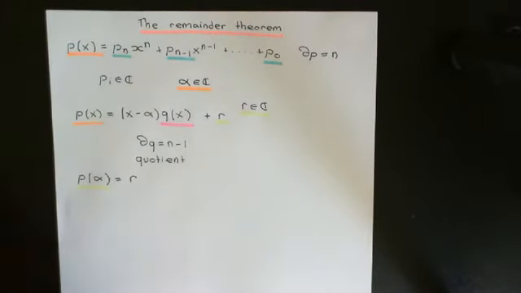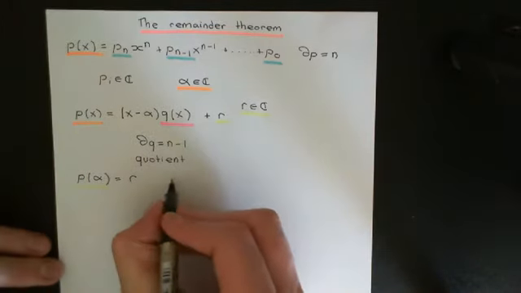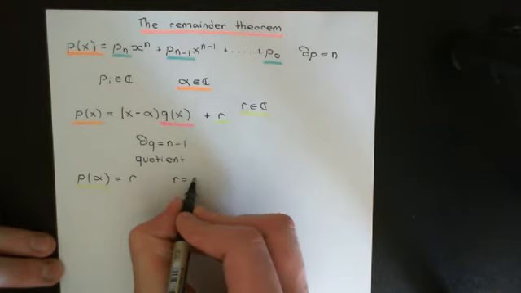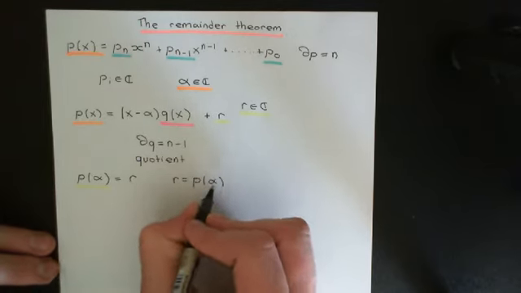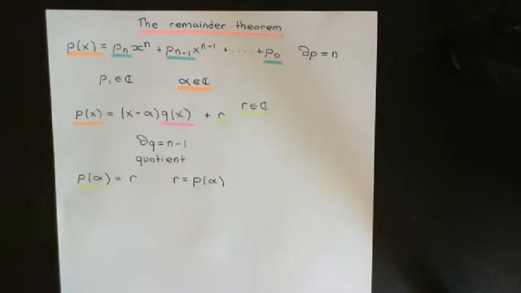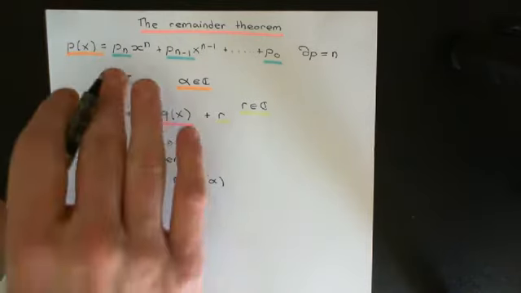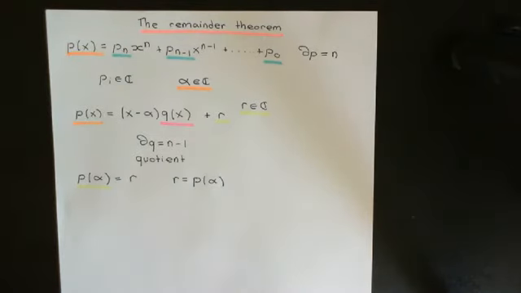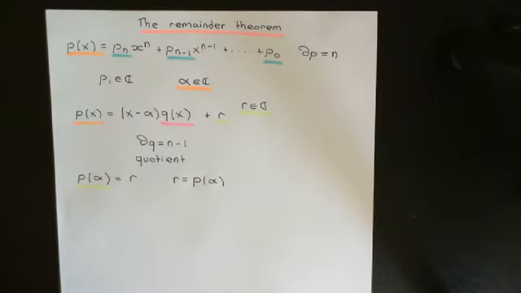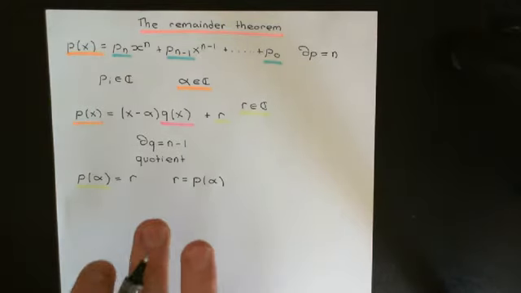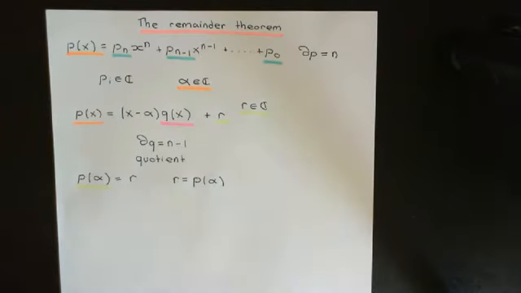That means this remainder term r must just equal the value of the polynomial p evaluated at the constant alpha. So just stick this alpha complex number into your polynomial p of x, putting in x equal to alpha, and you can work out some complex number for p of alpha, and that's going to be this remainder term.